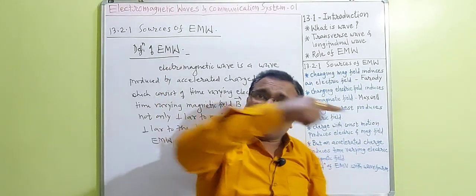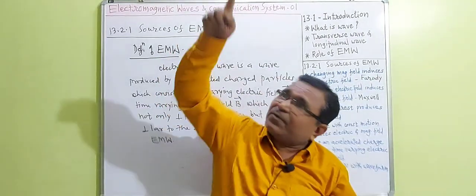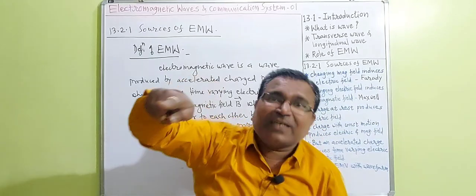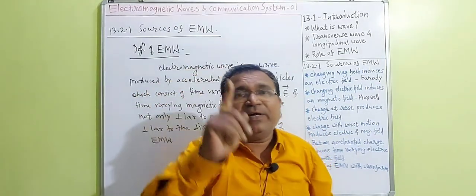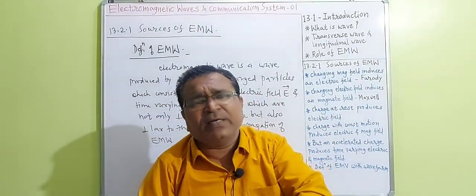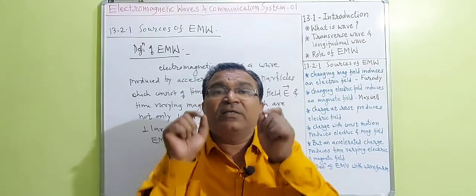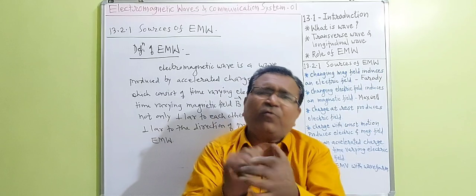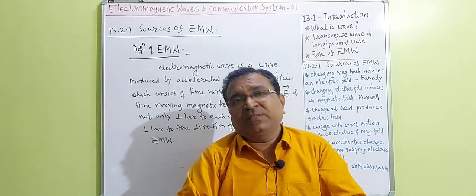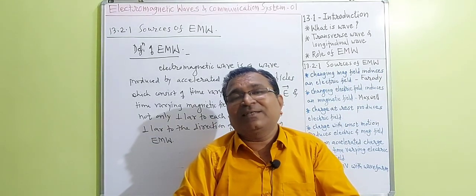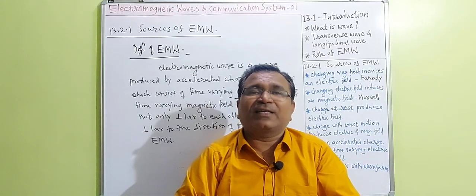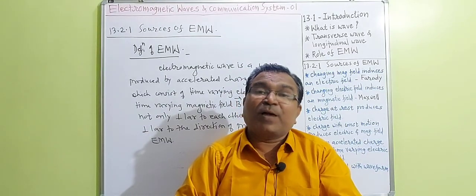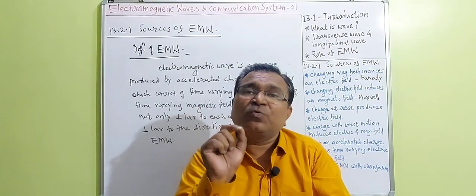Direction of the propagation of wave is like this. Time varying electric field is like this. Time varying magnetic field is like this. So time varying electric field and time varying magnetic field both are in the same phase. No doubt their plane of vibration is perpendicular, but the phase difference between them is zero.